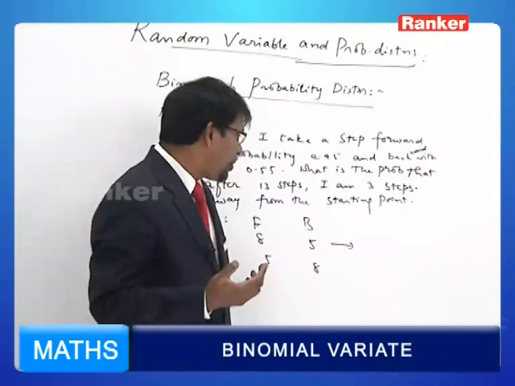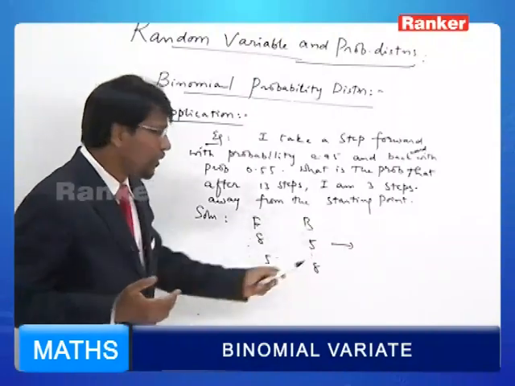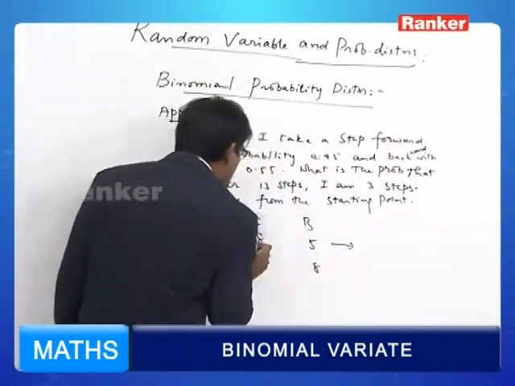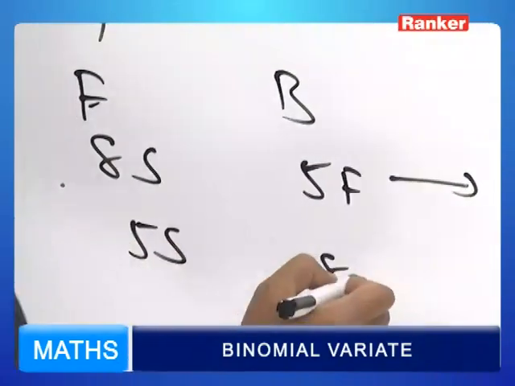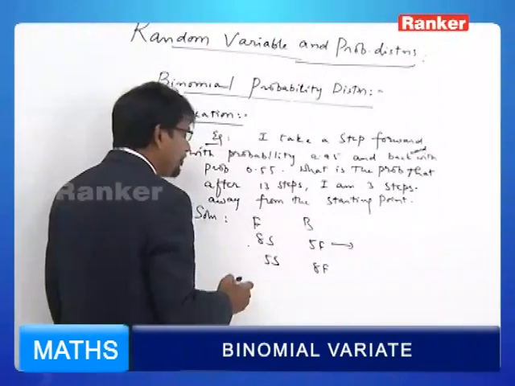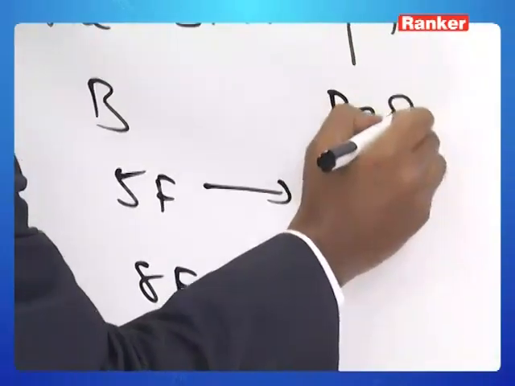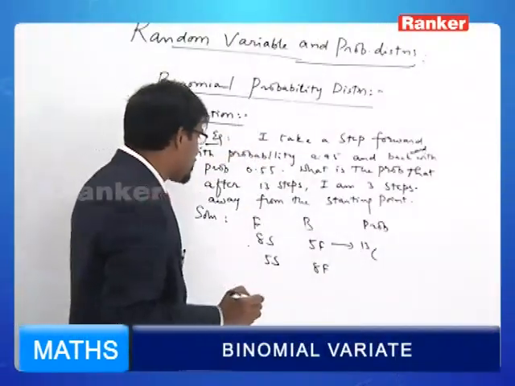So out of 13 trials, 8 successes and 5 failures, or 5 successes and 8 failures. Corresponding probability, what is it? Let's go with the formula. 13C8.